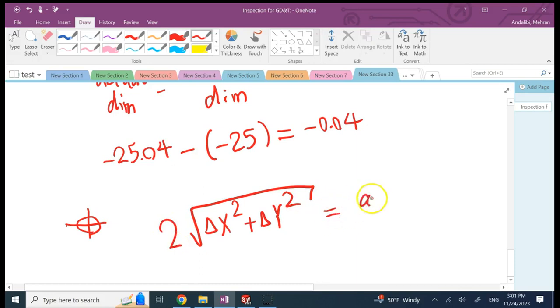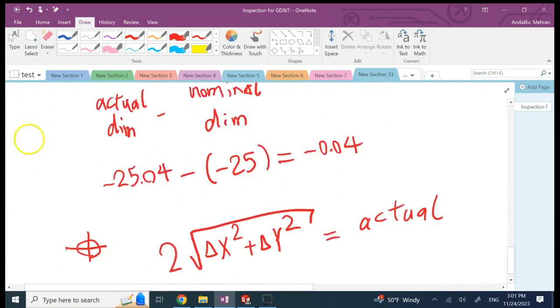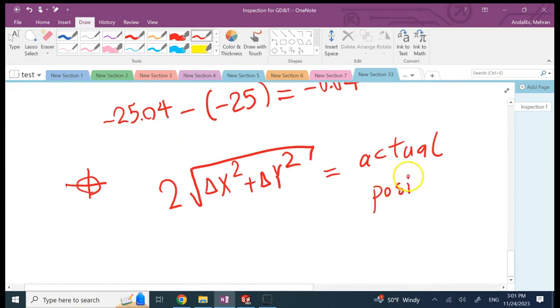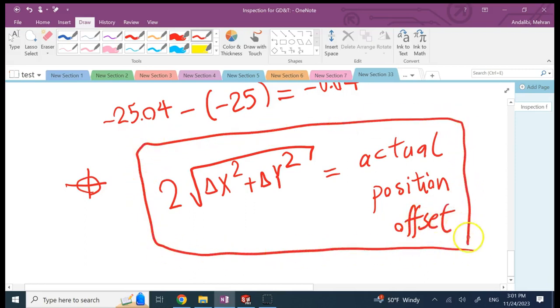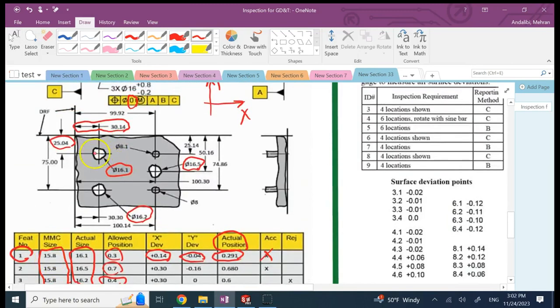So this is the actual position offset, and this is the formula that has been used here. If you plug those numbers into it, you get what? 0.291. Is that less than the allowable 0.3? Yes. So I'm going to what? Accept it.